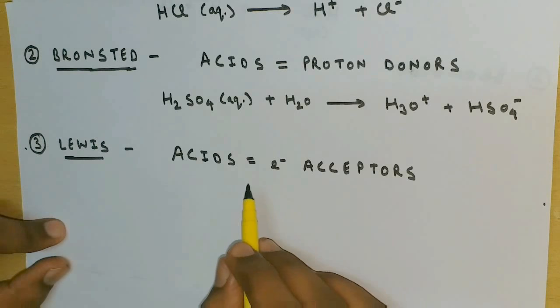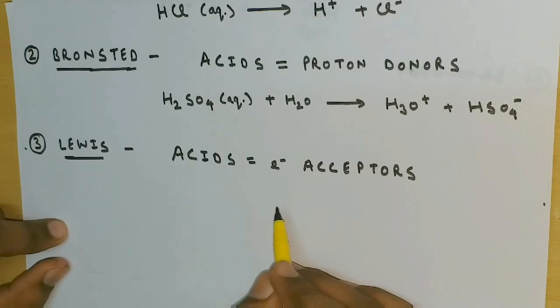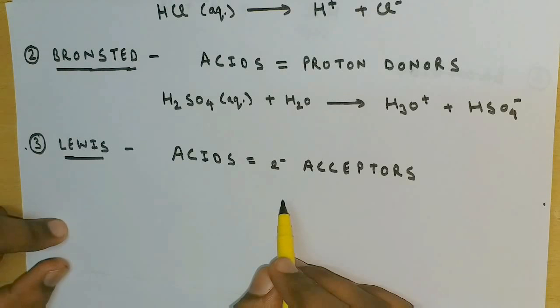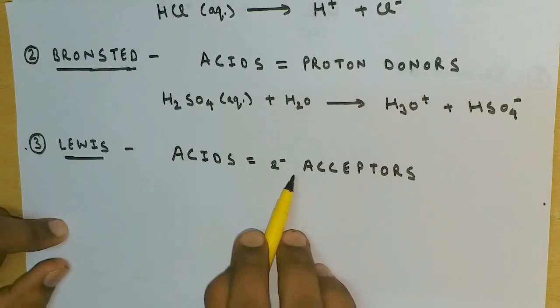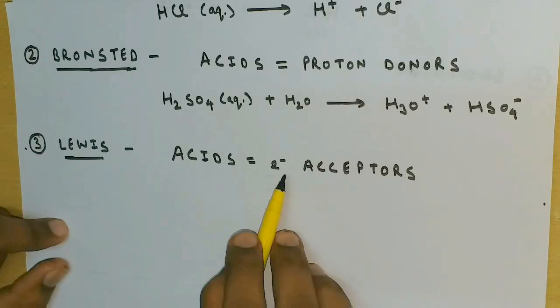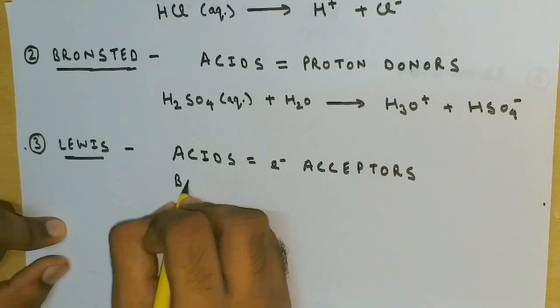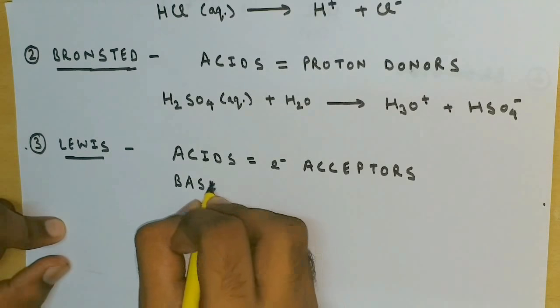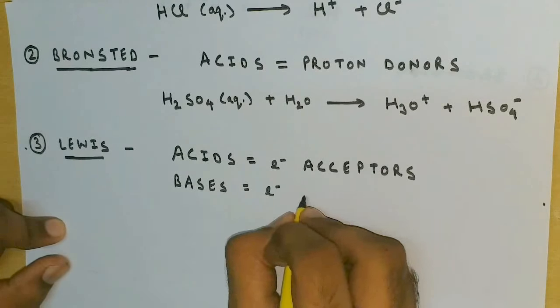Similarly, Lewis bases are molecules or ions which have unshared electron pairs available for coordination. So let me write that. Lewis bases are electron donors.